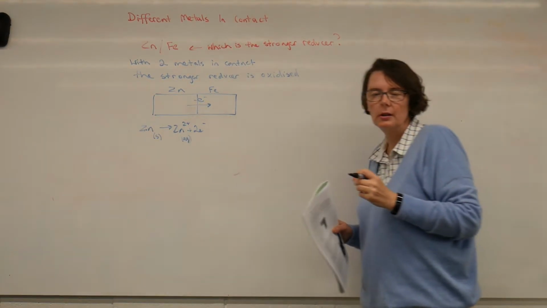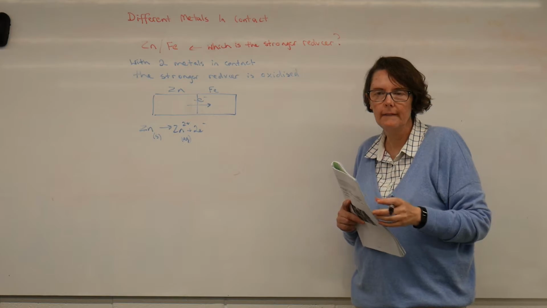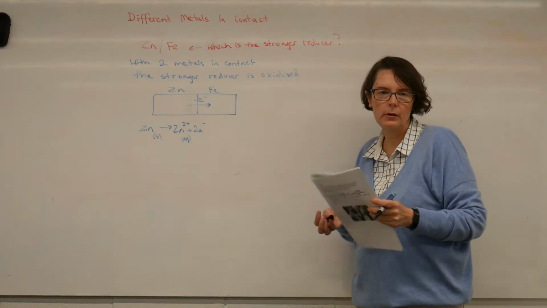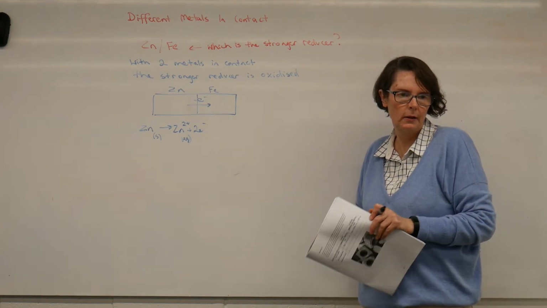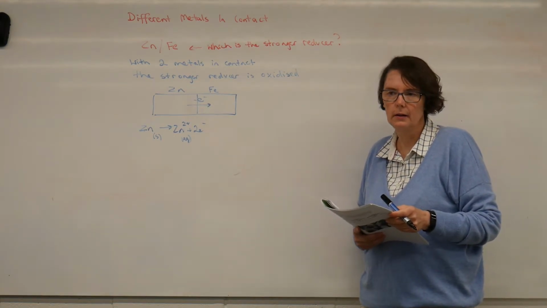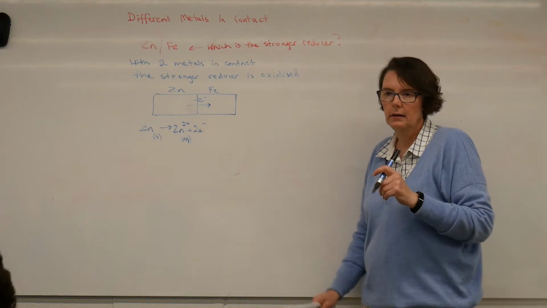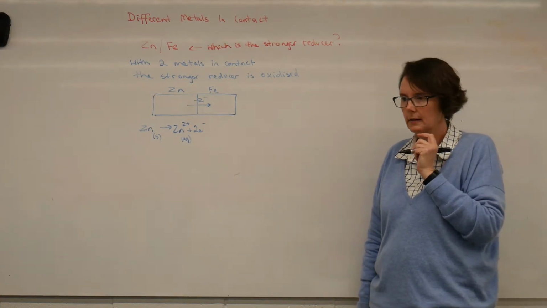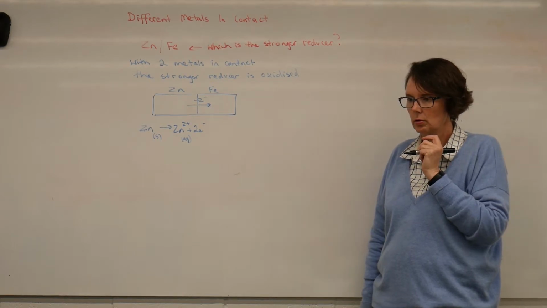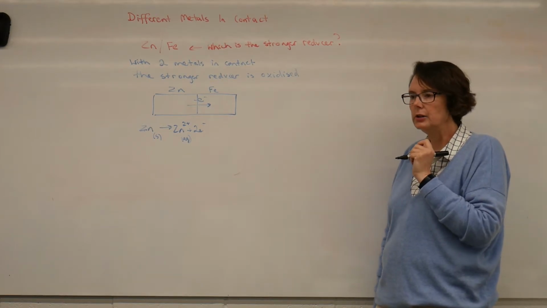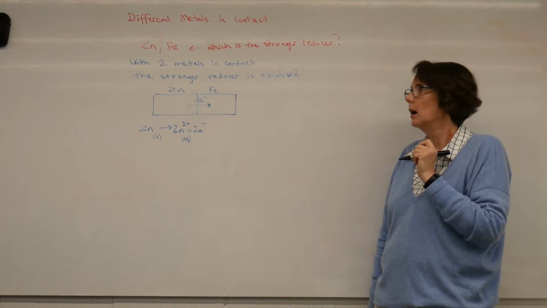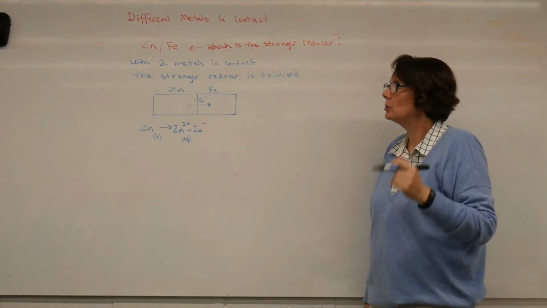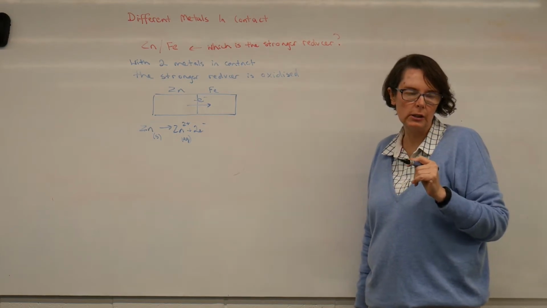What happens on the iron then? What's the other half equation? Well, that would not be oxidation of the iron. When the two metals are in contact, only the stronger reducer is oxidized.